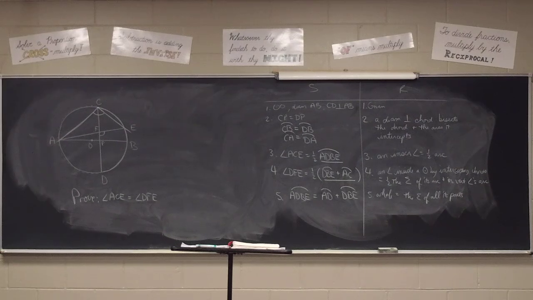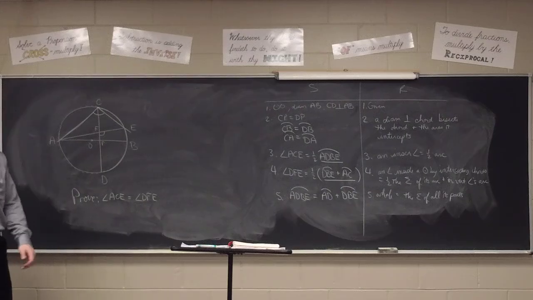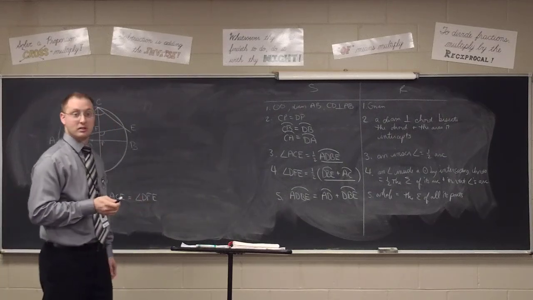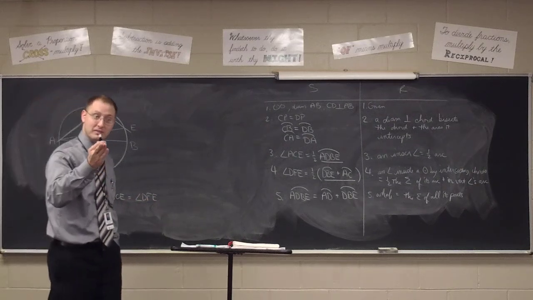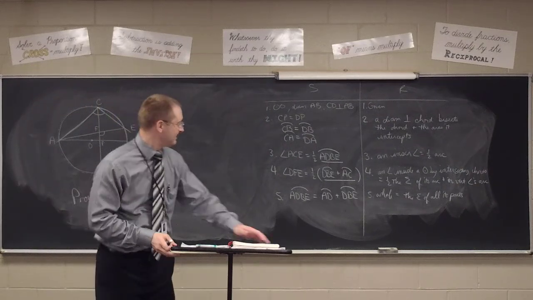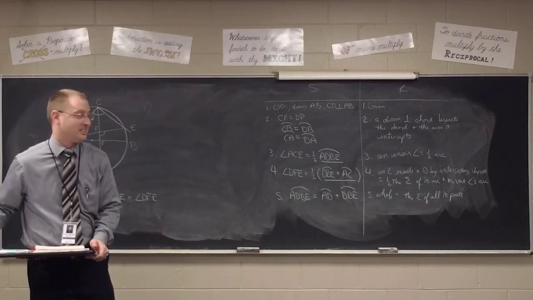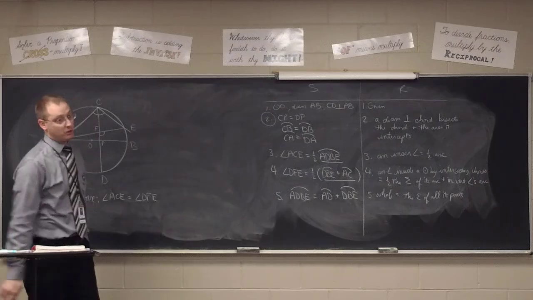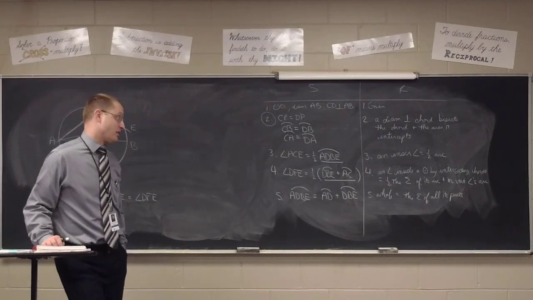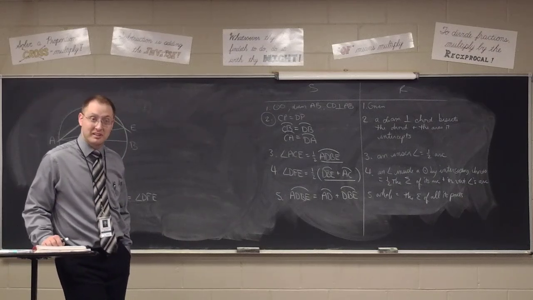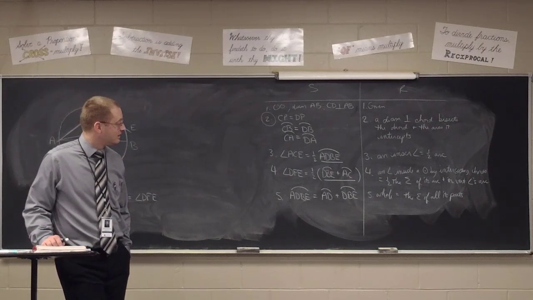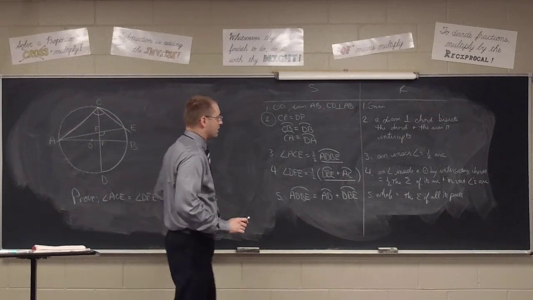Well, then you can just subtract. Kendall? That clang's important. If you didn't have that clang, you're not going to be able to finish this proof. CA equals DA.